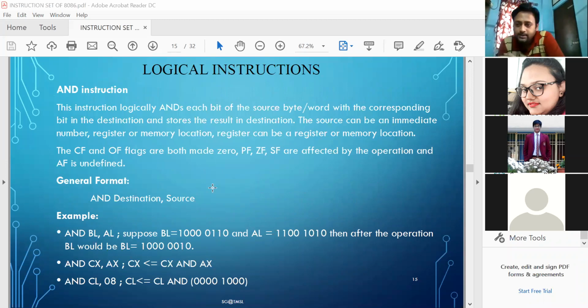There are several logical instructions available, like AND, OR, NOT, XOR. To find the complement, the NOT operation is available, and to find the 2's complement, a single instruction is available in the 8086 microprocessor.